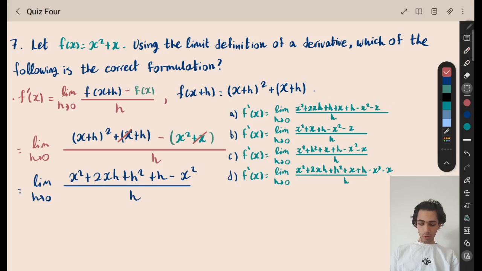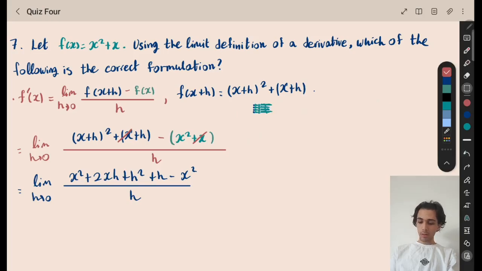And now let's see which expression is similar. Actually, it looks like I oversimplified from the start. So I should not have cancelled this x and x. So I will add them and subtract them.